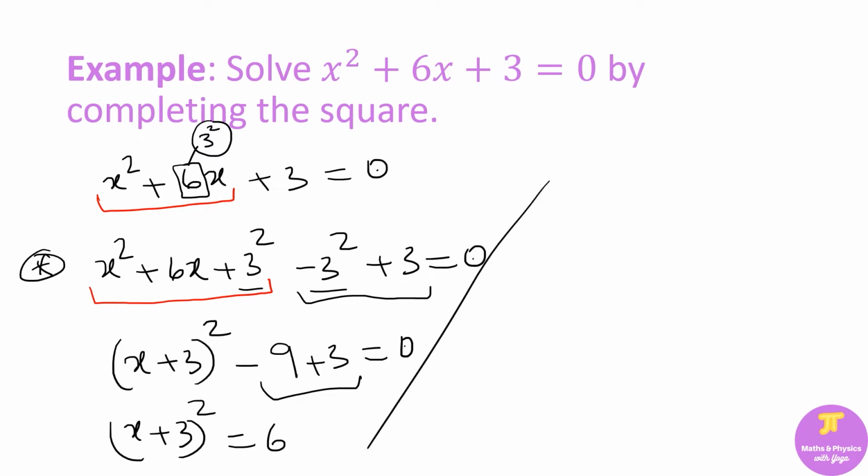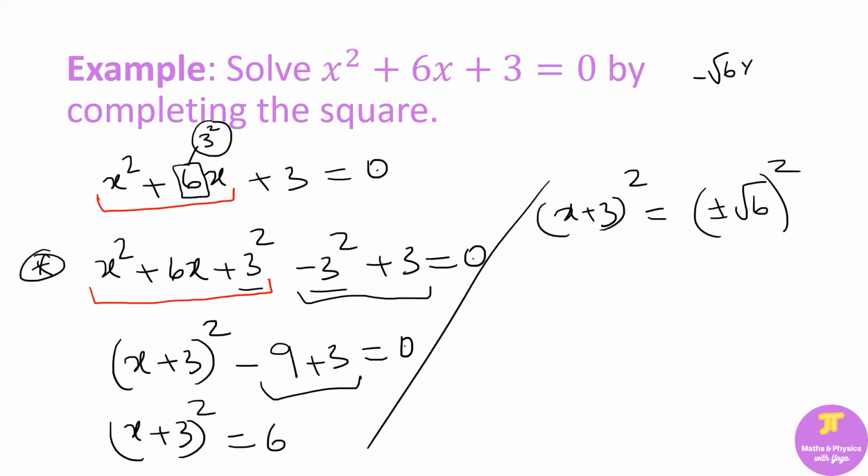In order to solve this one, we need to take a square root both sides. So let me rewrite this. (x + 3) squared is equal to plus or minus square root of 6 squared, because both the square root of 6 squared and minus square root of 6 squared will give you 6, since minus times minus is also 6.